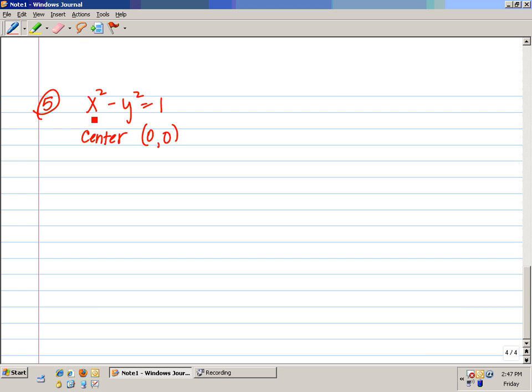Because x is our positive term, that means that our transverse axis is horizontal.